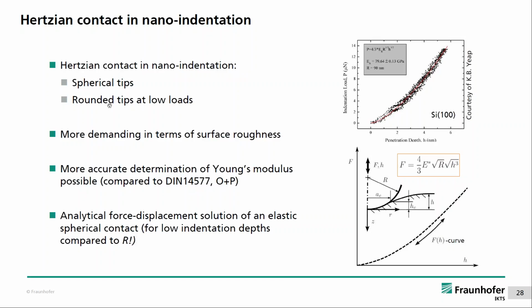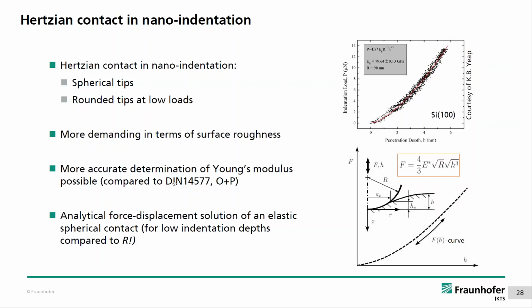So either you use real spherical tips, or for low indentations with rounded tips you also get Hertzian contacts. The only downside of Hertzian contact theory is that it's more demanding on surface roughness, so you have to have very flat specimens, and of course if you have a very soft metal it's pretty tough to get elastic contact because there will always be plasticity.